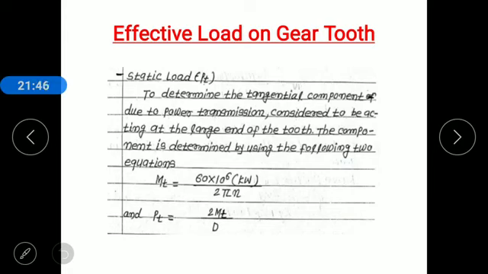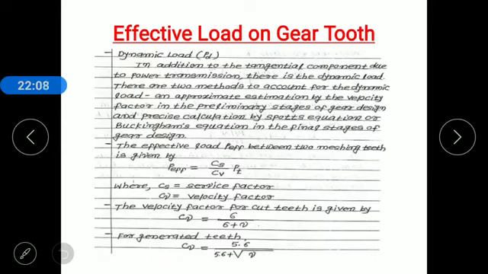Remember that in this case of effective load, the tangential force is determined by 2 Mt divided by d, and when we do the force analysis, the tangential force is found by using the relation torque Mt divided by mean radius r suffix m. Remember that is the difference. This is the static load.